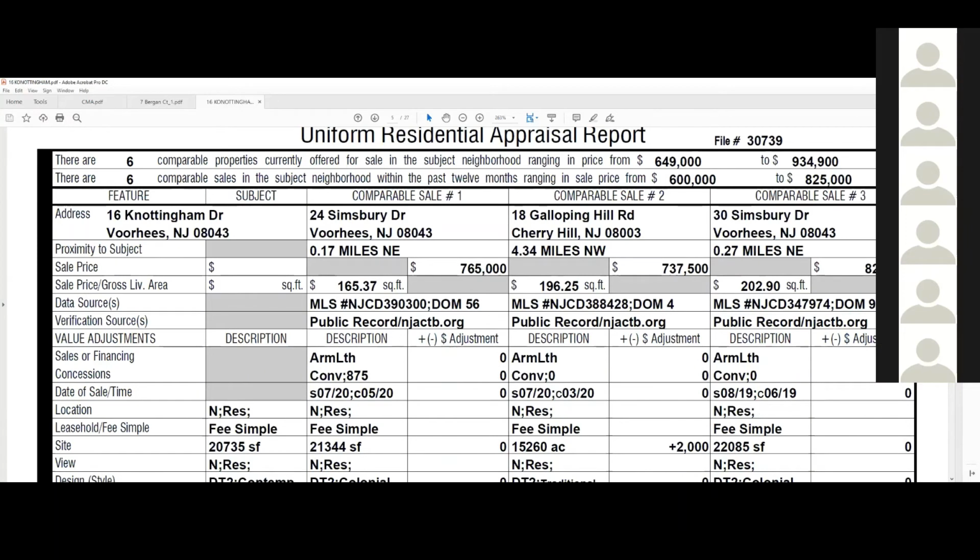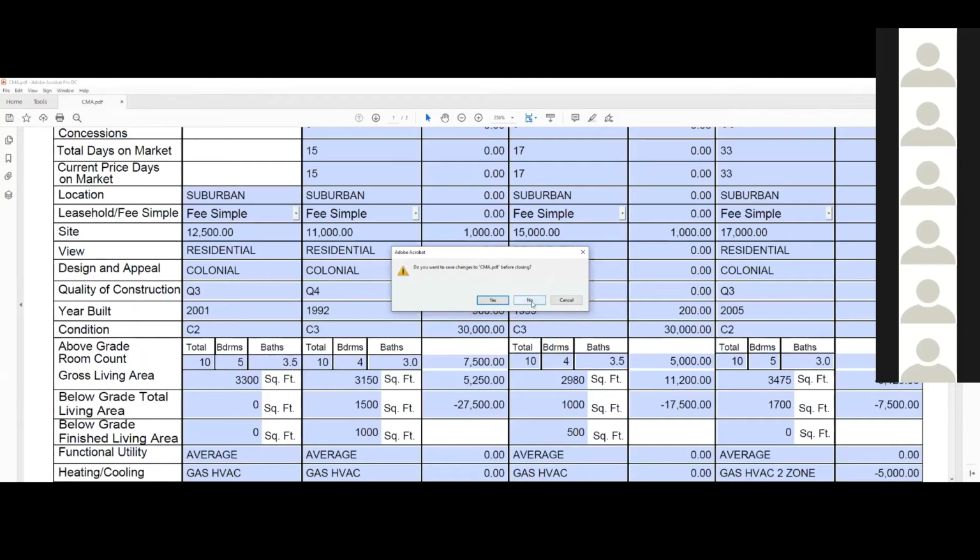So, any questions on these? Anybody? Everybody's a pro on this one now? Yeah, more or less. But you understand the concept, right?